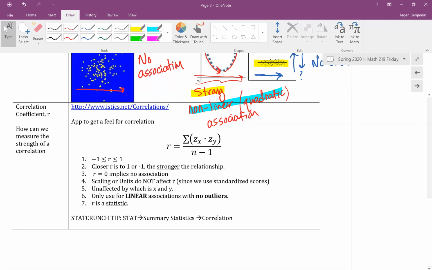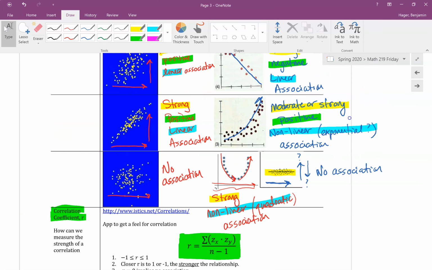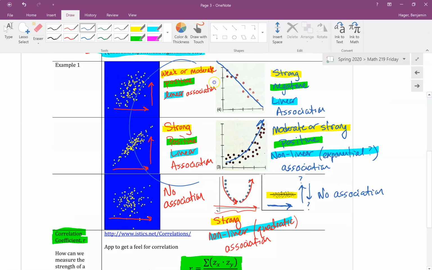But what you're looking at is called the correlation coefficient, R. It gives us a numerical way to gauge how strong a correlation is, the strength and the direction of the correlation. So it's a mathematical calculation that can help us answer these questions a little better.